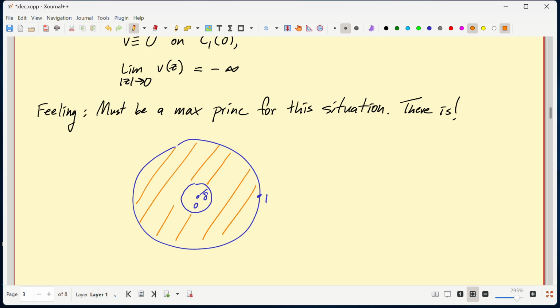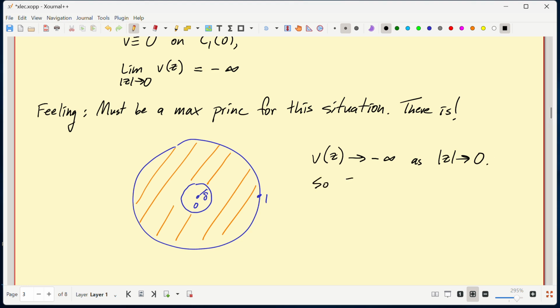And I'm going to apply the maximum principle on that thing. But let's think about it. Since I got to think about that delta. Since v of z goes to minus infinity as mod z goes to 0, eventually it's less than minus 1.